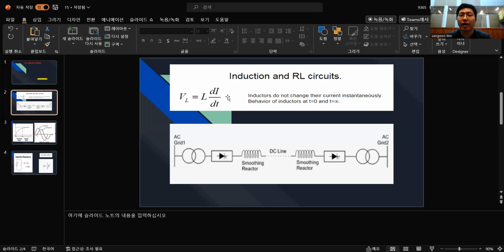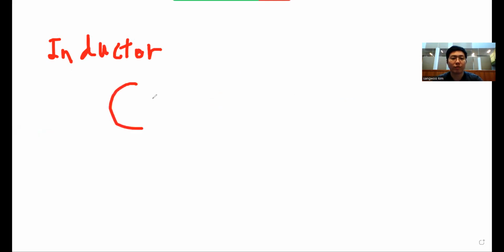First of all, I said the inductor is an inertia component, right? So let's explain. We have to memorize first of all that it is an inertia component.